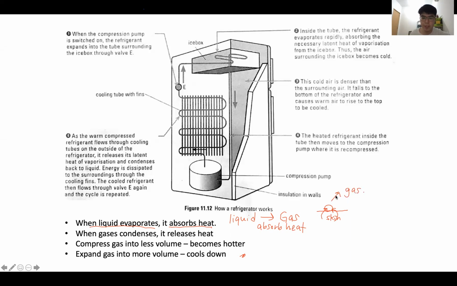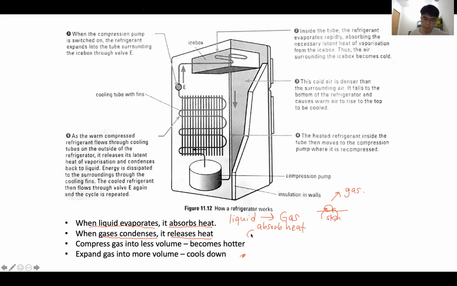So evaporation absorbs heat energy from your body, and that makes you feel cool. There's this sensation of cooling.